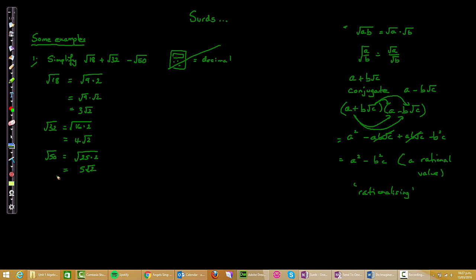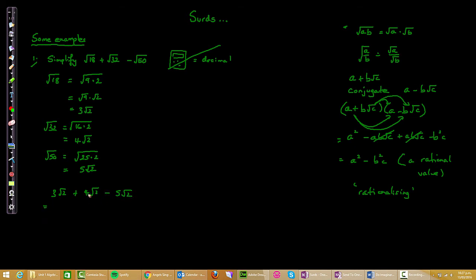Now if we replace all of these with these multiples of root 2, we're going to end up with 3 root 2 plus 4 root 2, I'll just rewrite that a bit tidier, minus 5 root 2.